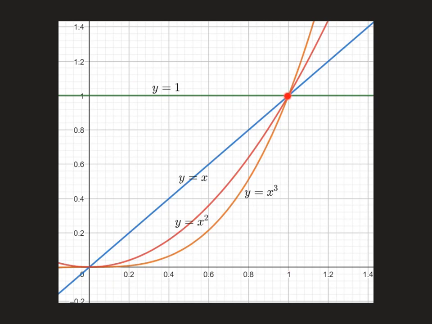From this point onward, 1 is the smaller function. It's below the other ones. x is the next largest, x squared is the next largest, and then x cubed. Okay? So this is the key fact we use to do all of these problems: as long as we're taking x values that are larger than 1, then all of these properties hold.